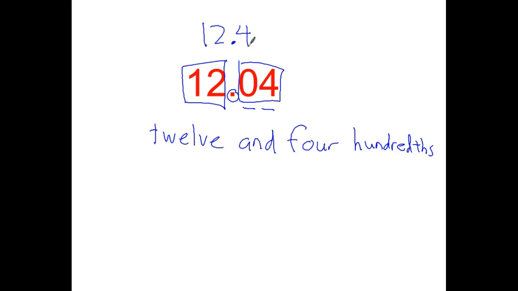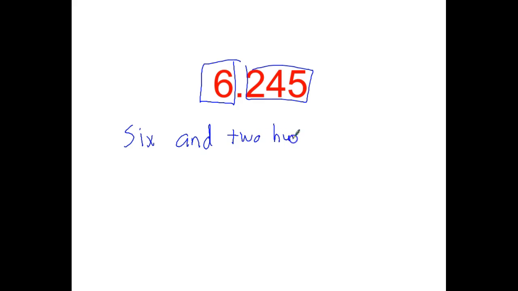So the zeros between numbers are always important to keep. They're holding place value for us. Whole number part, 6, decimal, and 245 in that chunk. And we came out to the tenths, hundredths, thousandths place.